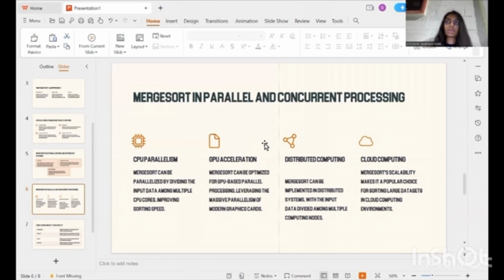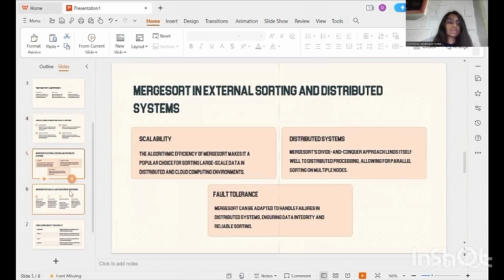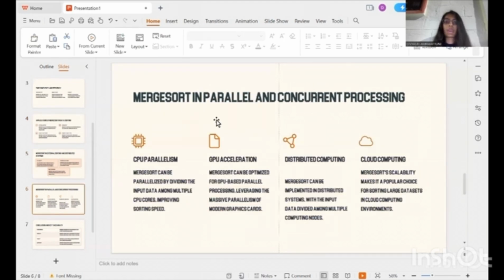It will handle this large data by taking the input data, dividing it, sorting it with merge sort, and then giving it to these environments. So these are the applications discussed for merge sort: data sorting, external sorting, distributed systems, and parallel and concurrent processing.